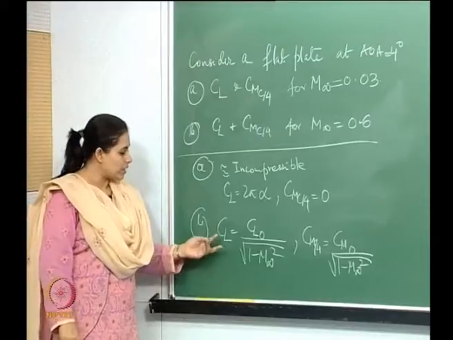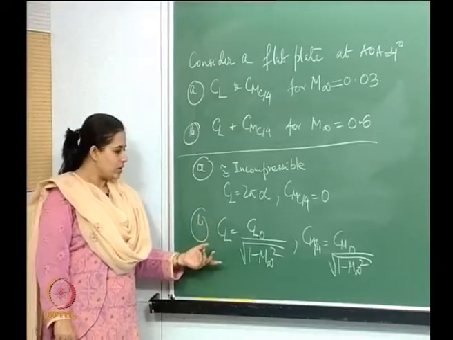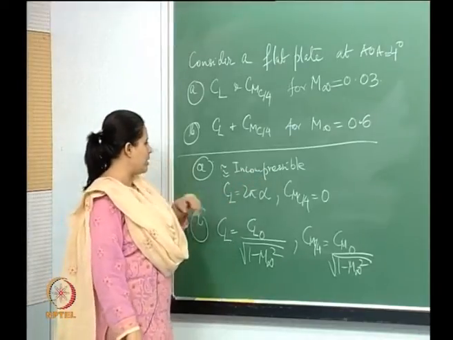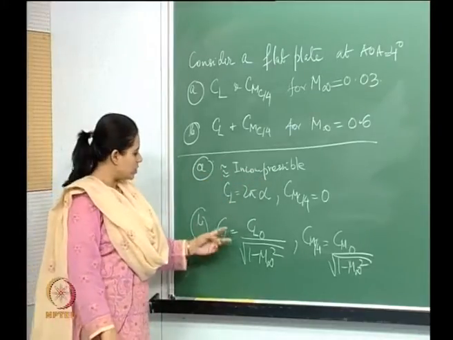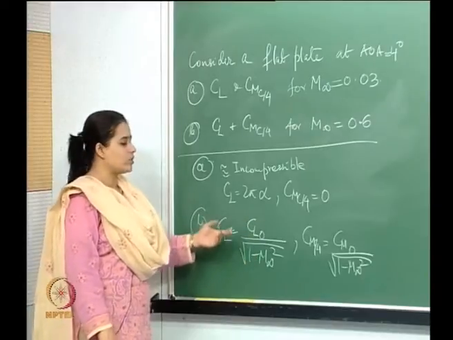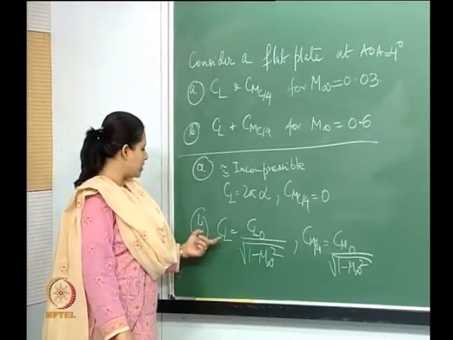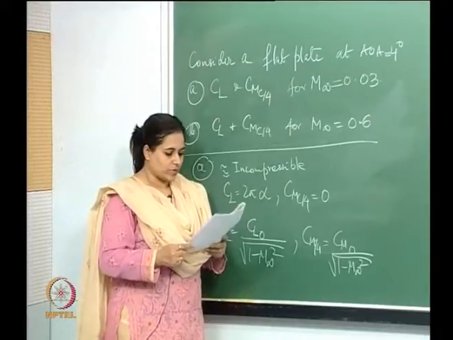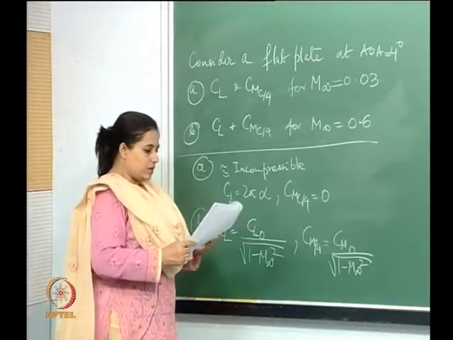So, we are considering a compressible flow here. But what we have found out is CL and CM for incompressible. So, just using this particular correction, which is the Prandtl-Glauert rule, we shall be able to calculate CL and CM c/4. Okay. All right.